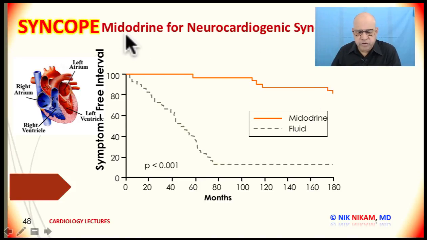And by providing them with this midodrine, we are able to maintain their vascular tone and thus prevent any vasodilatation that leads to profound drop in the venous return that leads to reduced cardiac output.